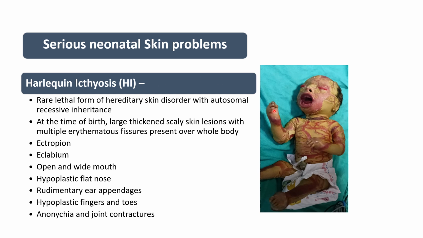So here in this image you can see this is Harlequin ichthyosis. It is a lethal form of hereditary skin disorder, autosomal recessive, and at the time of birth, large, thick, scaly skin lesions are present with multiple erythematous fissures over the whole body, and also ectropion, eclabium, an open wide mouth, hypoplastic flat nose, rudimentary ear appendages, hypoplastic fingers and toes, anonychia and joint contracture.